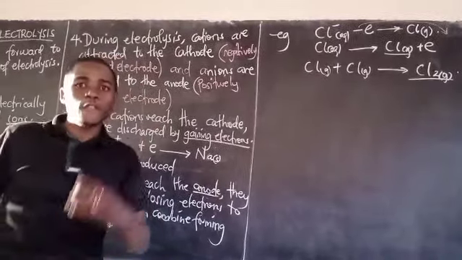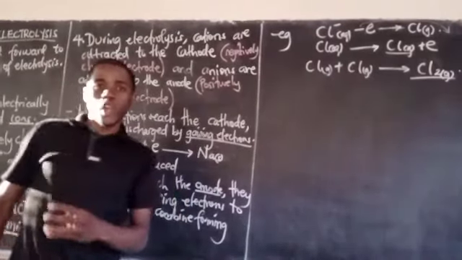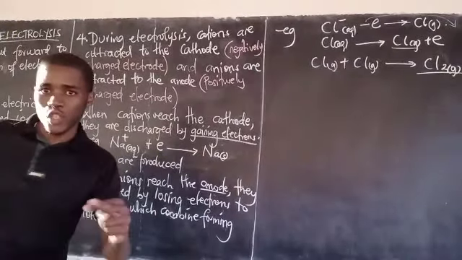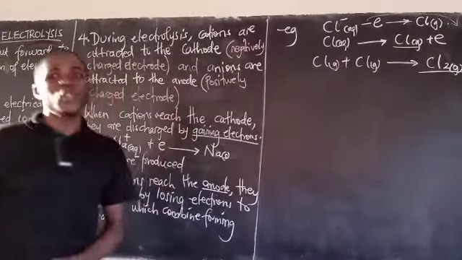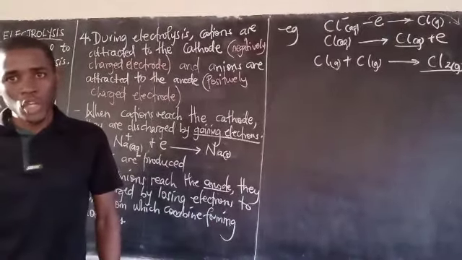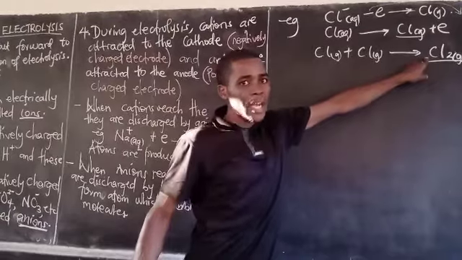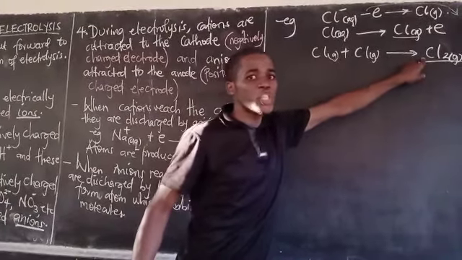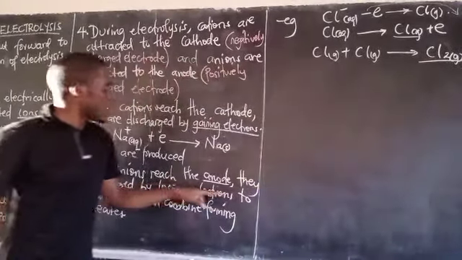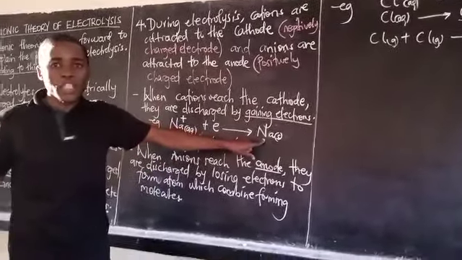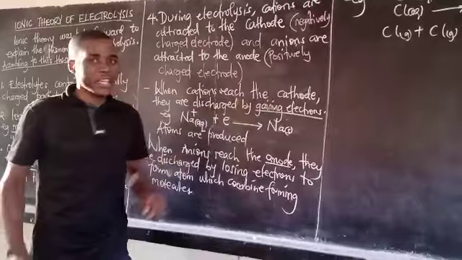There is always formation of a new substance. What was sodium chloride has formed two separate substances, chlorine gas and sodium metal. You will even see gas bubbles coming out, a greenish yellow gas. You will possibly see a gray coating at the cathode.